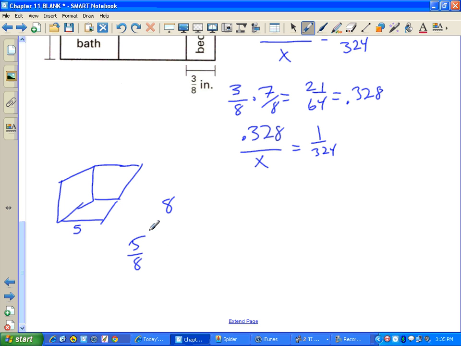And to get the volume ratios, I would cube these because volume is length times width times depth. So you'd have 125 over 512. And that'd be your volume ratio.